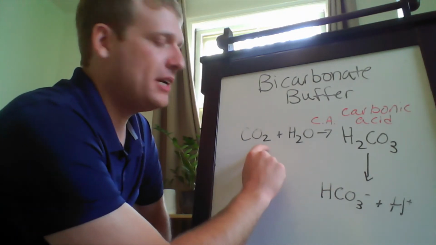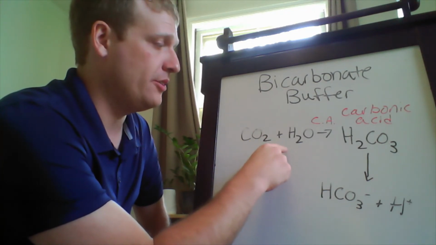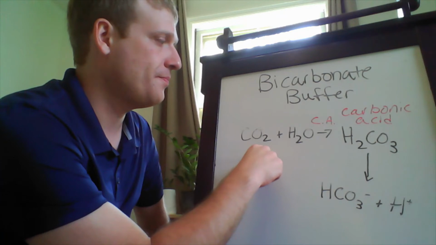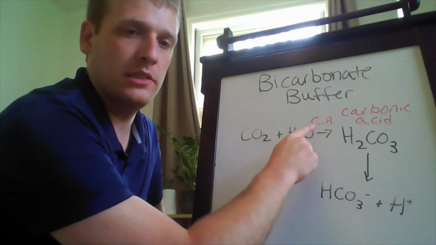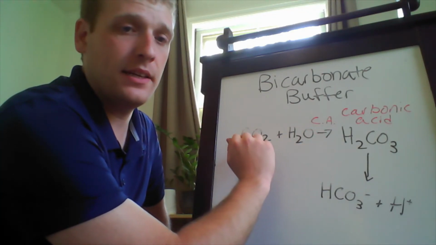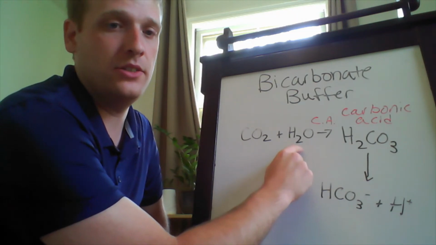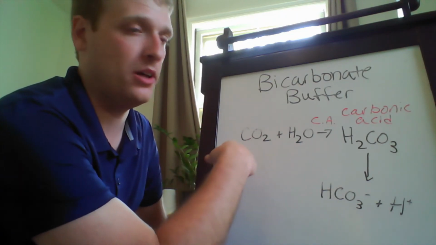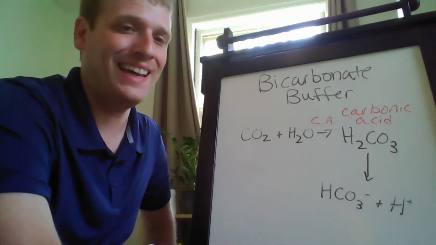So carbon dioxide will be given off and absorbed by the erythrocytes, the red blood cells. And within those red blood cells, you have this enzyme called carbonic anhydrase that's going to convert CO2 in addition to a water molecule into a molecule called carbonic acid.